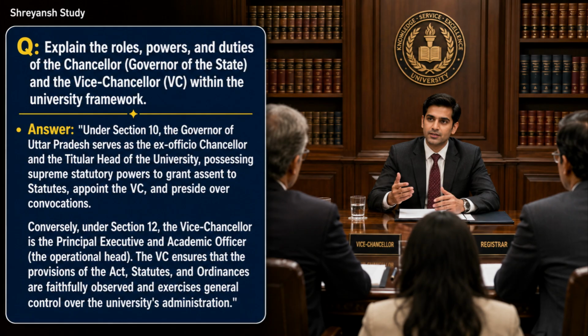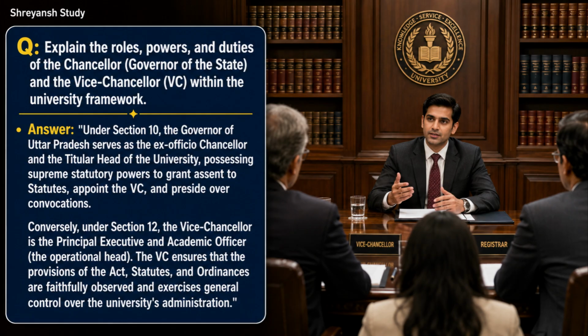Explain the roles, powers, and duties of the Chancellor, Governor of the state, and the Vice-Chancellor within the university framework. Sir, under Section 10, the Governor of Uttar Pradesh serves as the ex officio Chancellor and the titular head of the university, possessing supreme statutory powers to grant assent to statutes, appoint the VC, and preside over convocations.